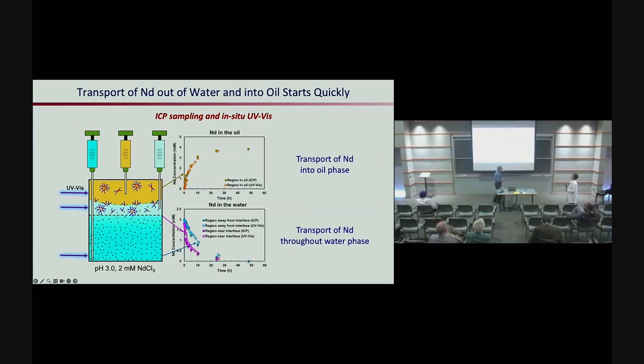So yeah, this is a slightly different sort of sample, but I think there's no obvious delay, let's put it that way. And the extraction into the oil phase is quite fast. So there are 2 curves here. They're measured in these 2 different ways. And this is a very steep slope. It's occurring almost immediately.